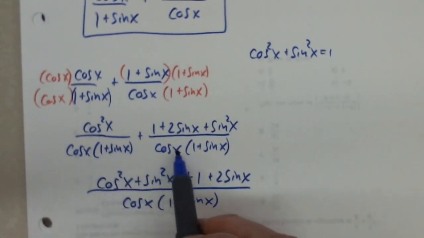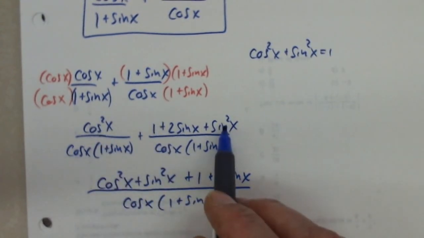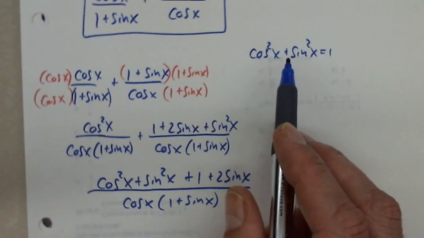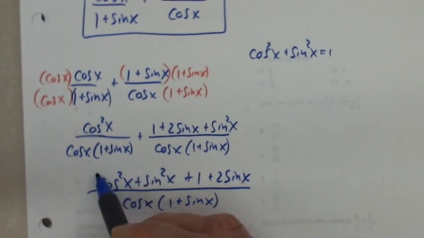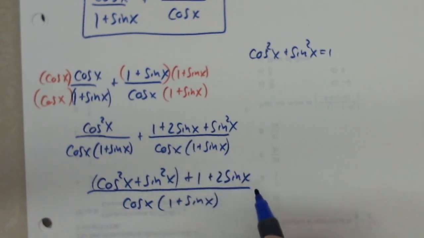All right, so I just copied the denominator once. Cosine squared plus sine squared, I saw that that's going to be a Pythagorean identity, so I grouped those together. And then I just copied the 1 and 2x.